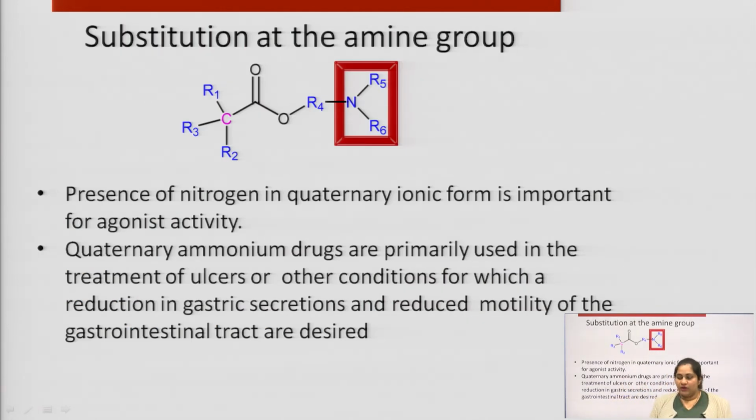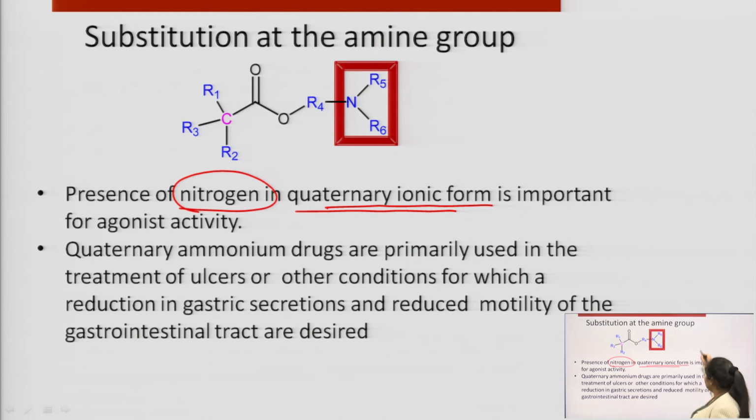The last one is we can do the substitution at the amine group, and this is one of the most important substitutions to be considered. First of all, the presence of nitrogen in the quaternary ionic form, which means the nitrogen is substituted through 4 positions and will contain a positive charge.